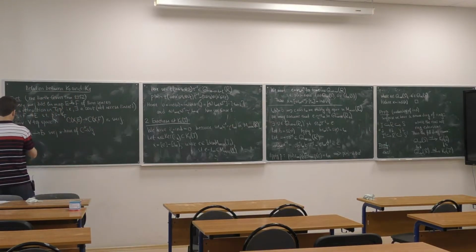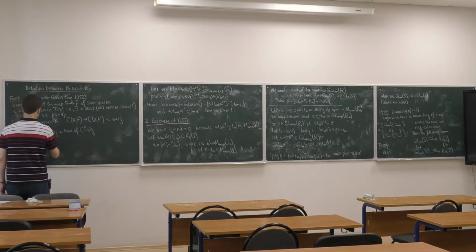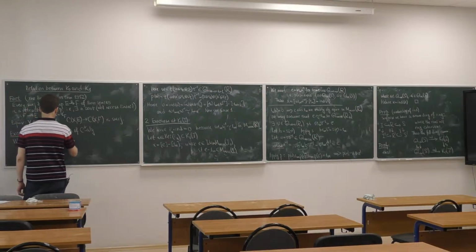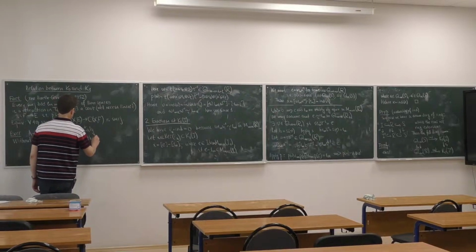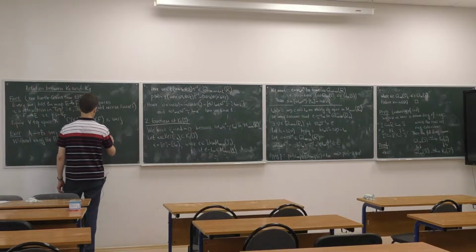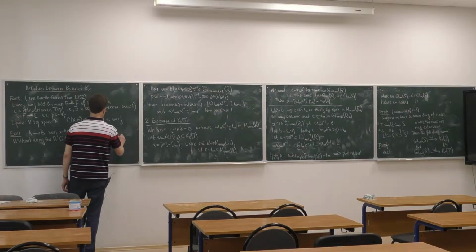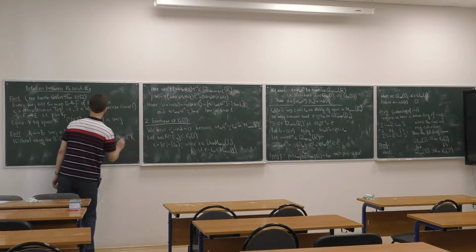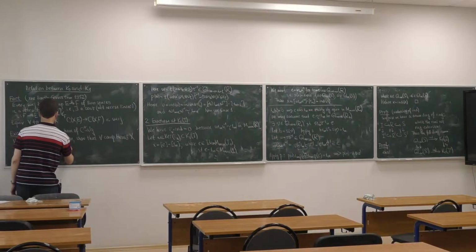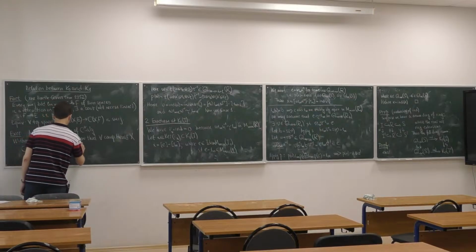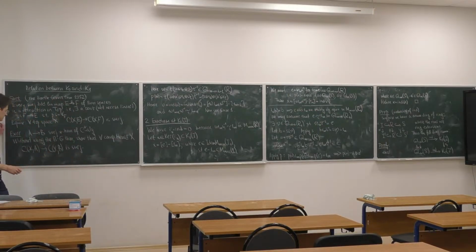The exercise is to show, without using the Bartle-Graves theorem, that for every compact Hausdorff space X, the induced map from C of X, A to C of X, B is surjective. In this form, this is a rather simple exercise.